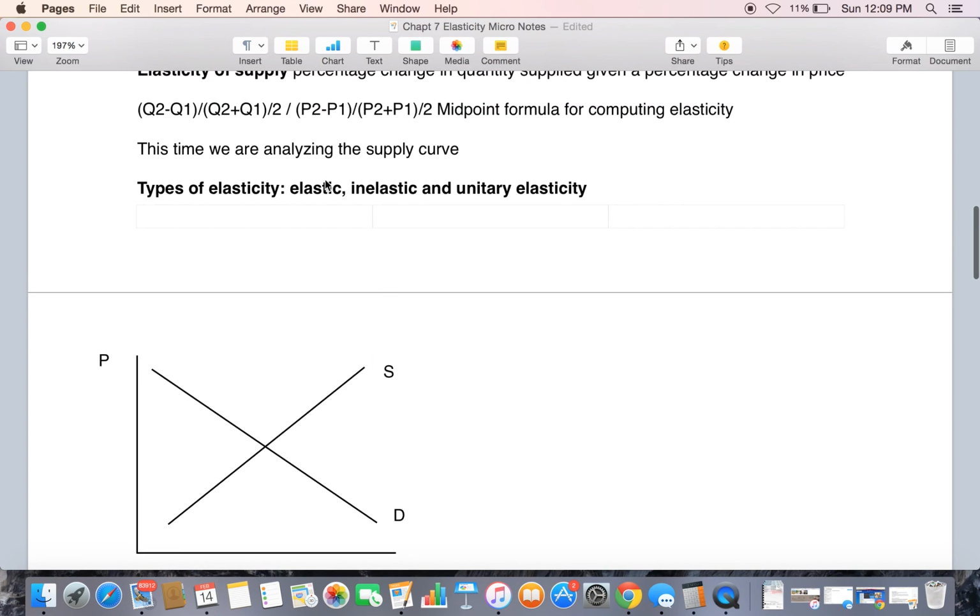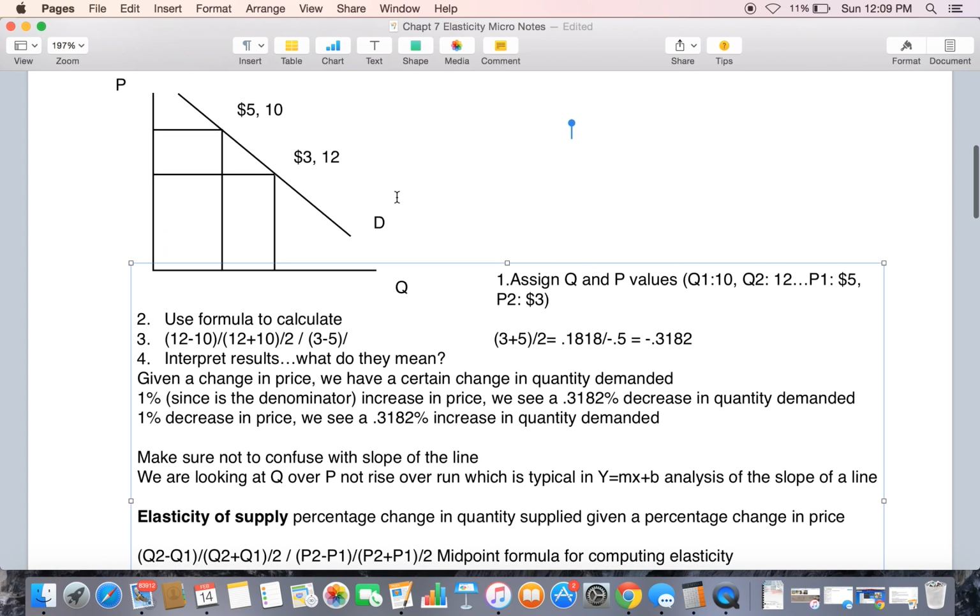Okay, now we're back at the types of elasticity. So once we get our result for our elasticity coefficient as we did here, then we can interpret this result. We know how to interpret it. For a 1% increase in price, we see a 0.3182% decrease in quantity demanded.